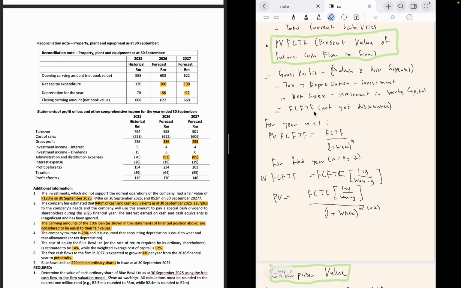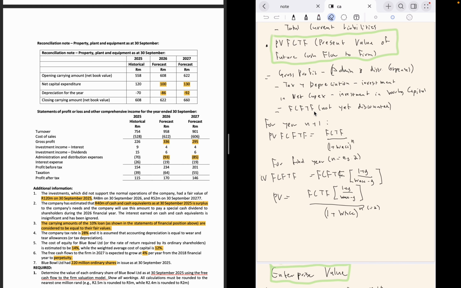Then when we calculate the n plus 1 year, so in this instance that's 2026, the way we discount it is you go future cash flow to the firm over 1 plus the WACC, which they give us here as, I believe, 12% to the power n. So in this instance, 2025 n equals 0, 2026 n is equal to 1.